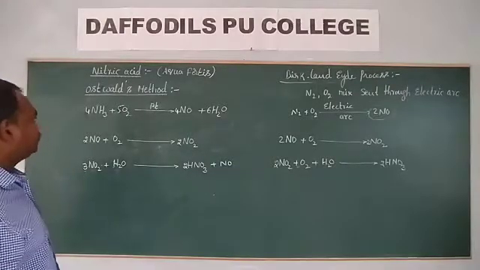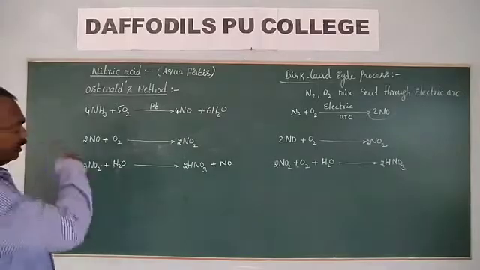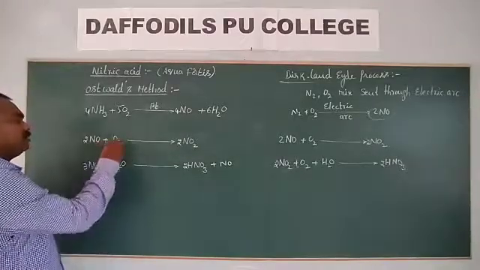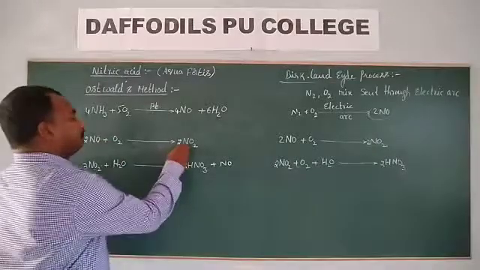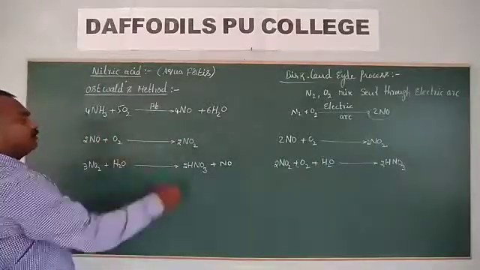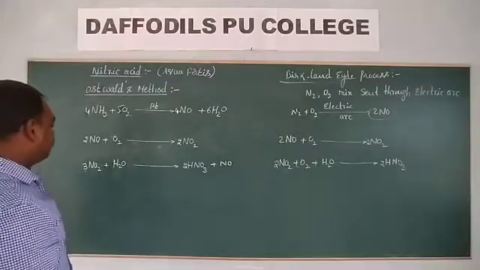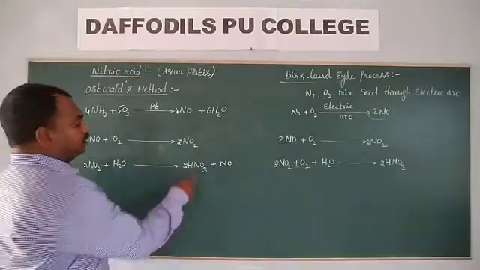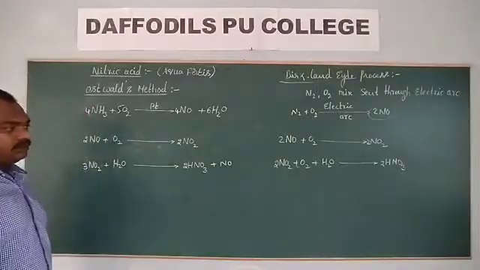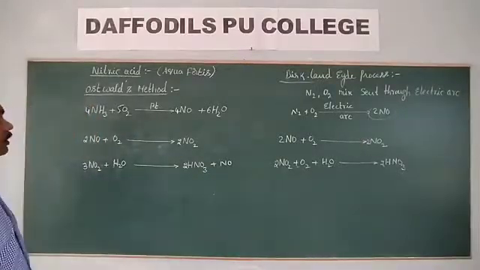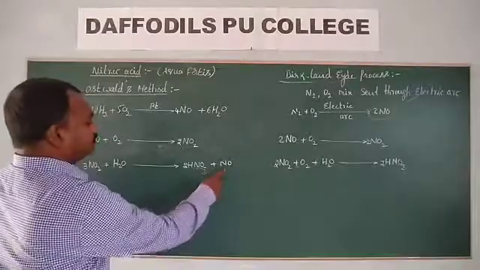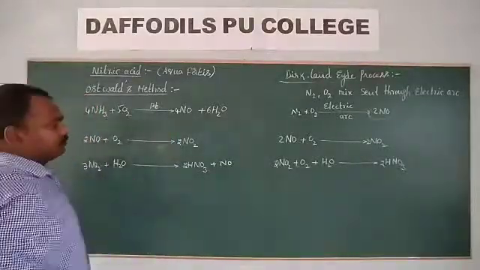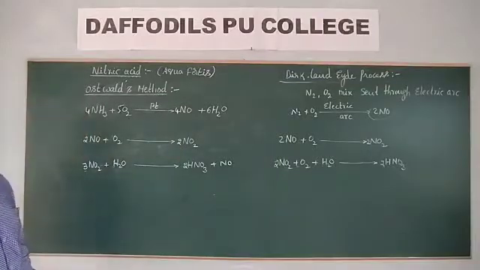This is the Ostwald method. In the Ostwald method, ammonia is oxidized to nitric oxide. This nitric oxide again undergoes oxidation with oxygen, and we will get nitrogen dioxide. This nitrogen dioxide gas is passed through water, then we will get HNO3. Again, some small amounts of NO are also formed. Again, we can use that.